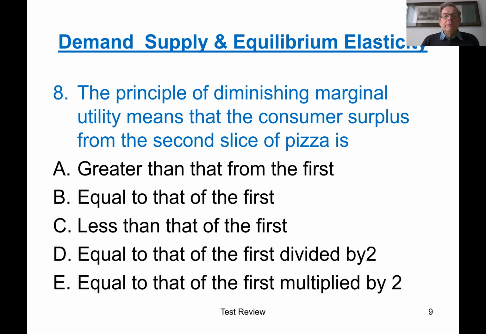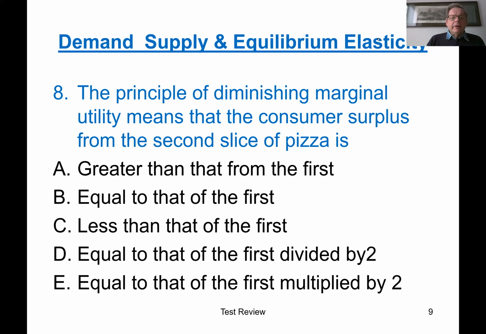The principle of diminishing marginal utility, that's a hint. And hopefully you got your answer from here.